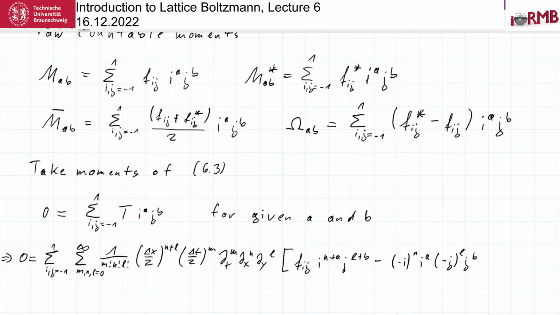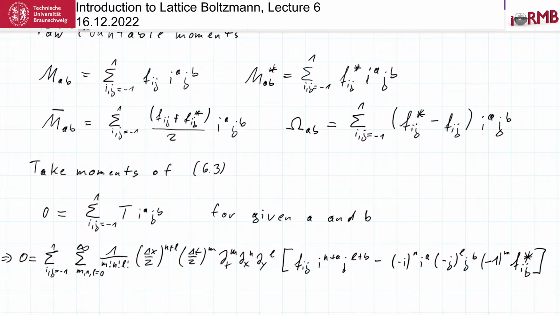And what you should not forget is that we still have the time guy, which is minus 1 by the power of m. And this goes into f_ij post-collision.